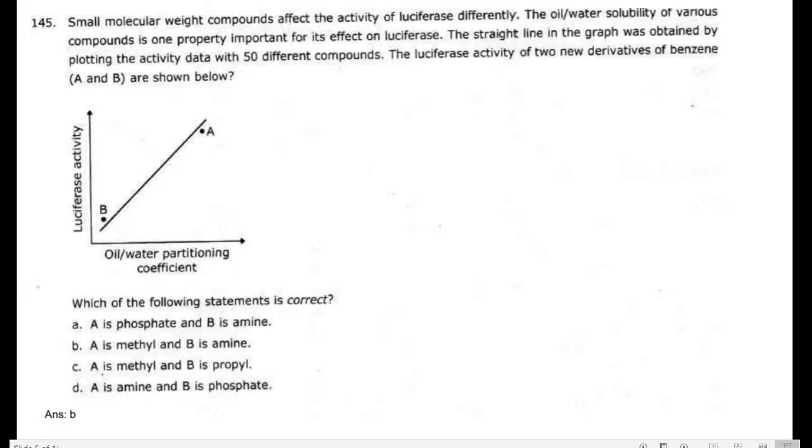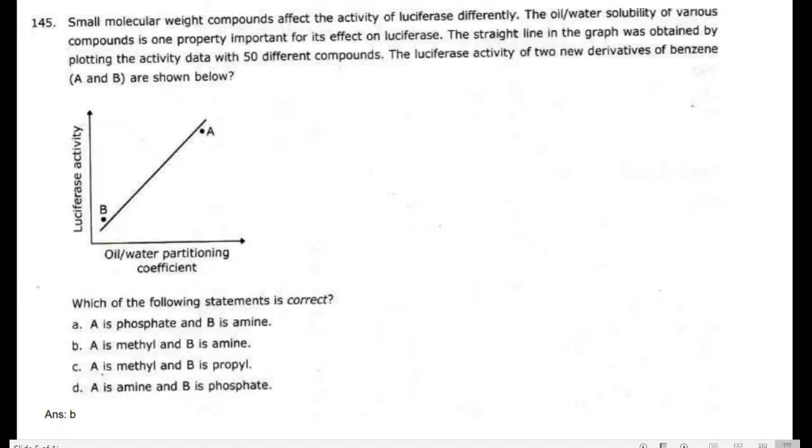Derivatives means the addition of compounds, molecules, or atoms at the R group of the benzene. Any atom or molecule can be added to the R region of benzene. You all know the benzene structure. Something binds at any position; that gives the two compounds A and B.